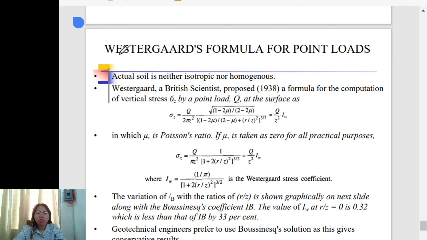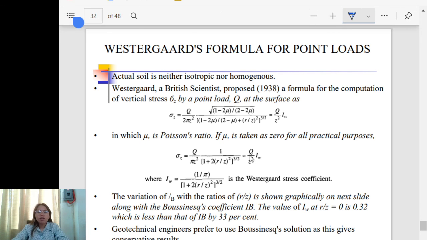We have another formula, the Westergaard formula for point loads. The actual soil is neither isotropic nor homogeneous. Westergaard, the British scientist, proposed in 1938 a formula for the computation of the vertical stress sigma sub z by a point load q at the surface, as this one. Boussinesq considers the soil as isotropic and homogeneous. But Westergaard formulated another formula because he believed that the soil is neither isotropic nor homogeneous.